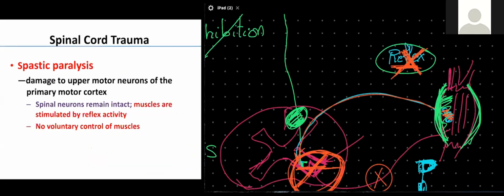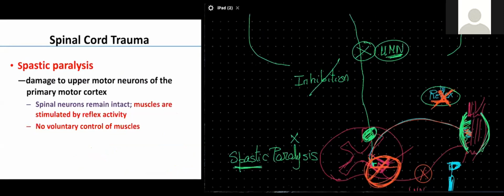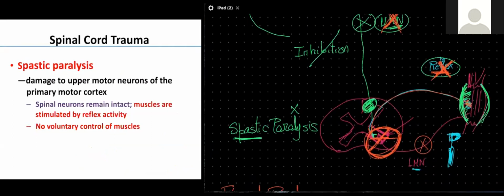How about spastic paralysis? Spastic paralysis is going to be due to damage of the upper motor neuron. An upper motor neuron lesion gives the reflexes the upper hand. I'm not going to be inhibiting any of the excitatory impulses resulting from the reflex arc.